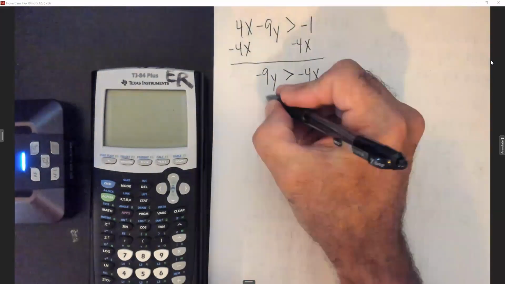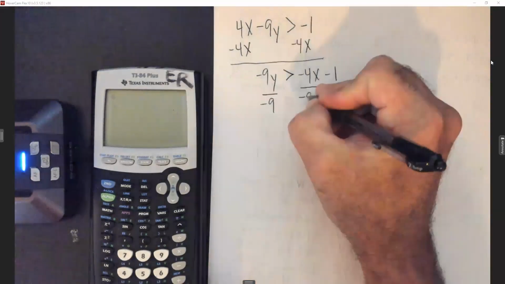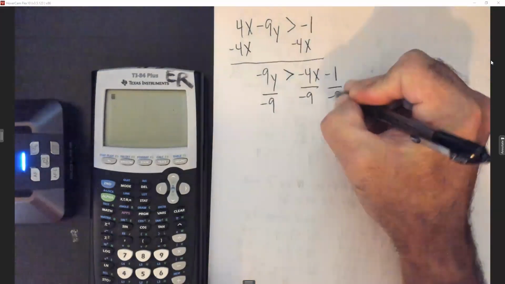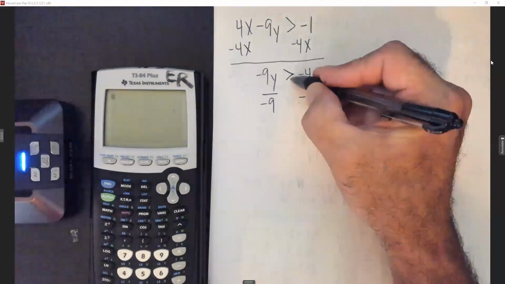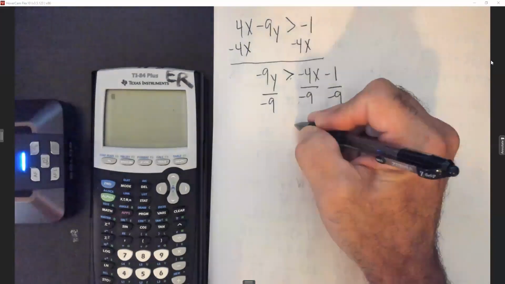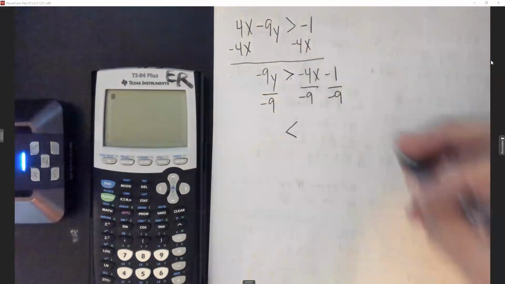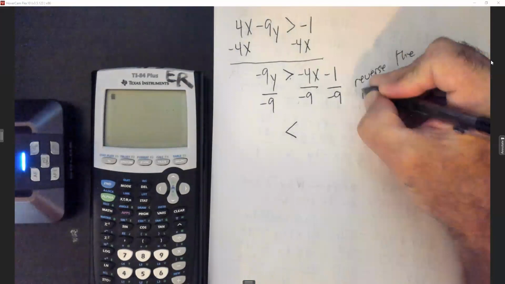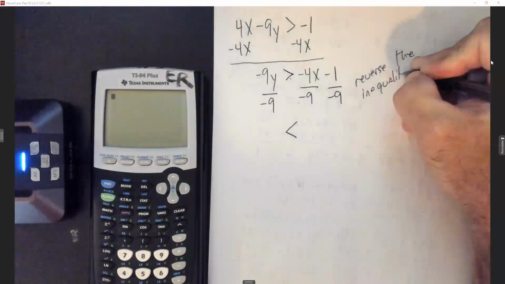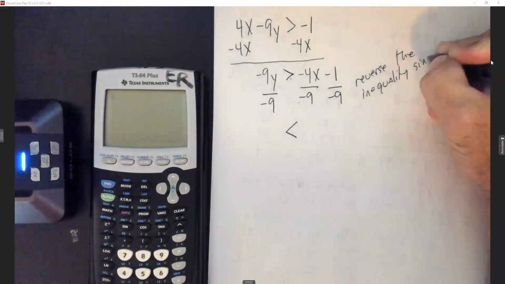So we got to divide everybody by -9. And since I'm dividing by -9, this greater than will now be a less than. So reverse the inequality since we divided by negative.